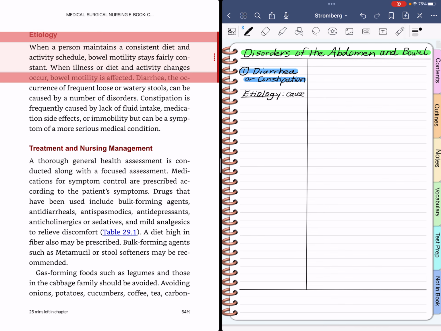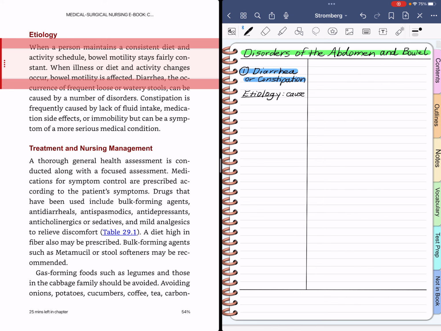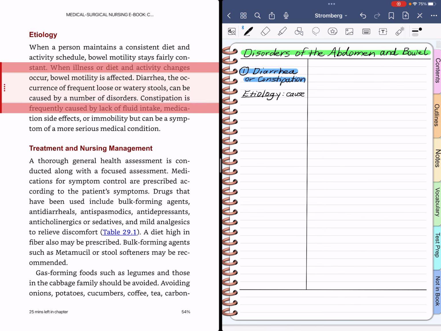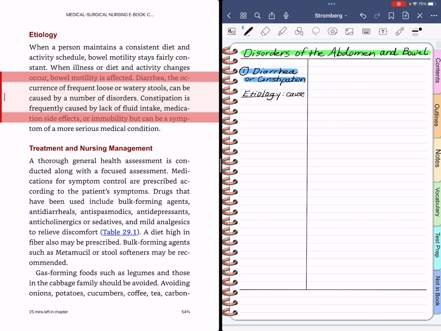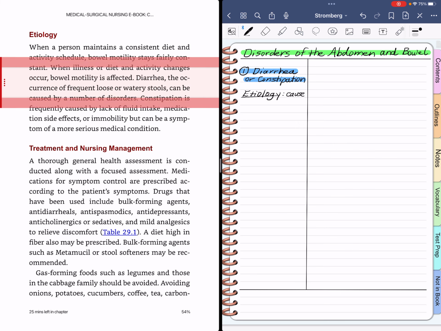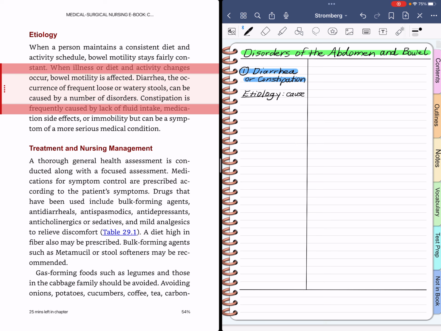Etiology. When a person maintains a consistent diet and activity schedule, bowel motility stays fairly consistent. When illness or diet and activity changes occur, bowel motility is affected. So right there, they're giving me some causation.